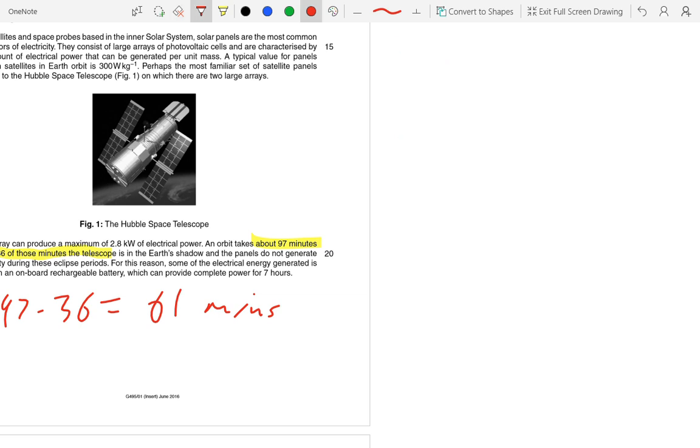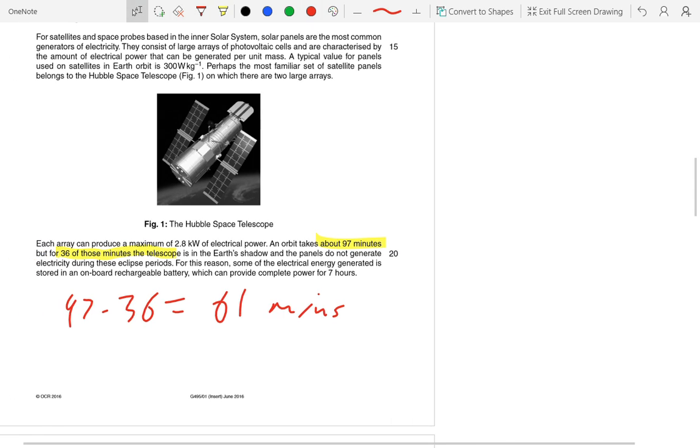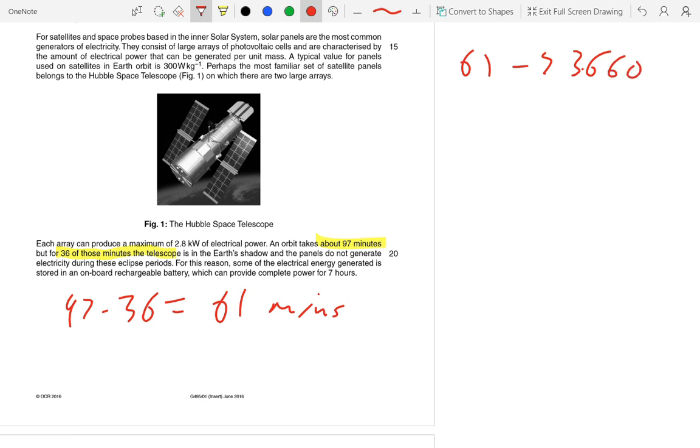So like I said, imagine the question's asking how much energy is produced in one orbit of the Hubble telescope around the Earth. So one orbit is 97 minutes. It's got a power producing time of 61 minutes, so we don't want that value, we want 61 minutes. We convert that into seconds, that's 3,660 seconds.